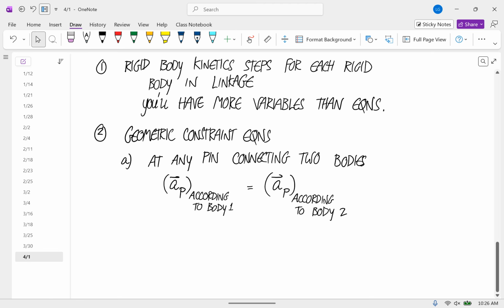And this will use the watermelon equation and the relative motion equations.